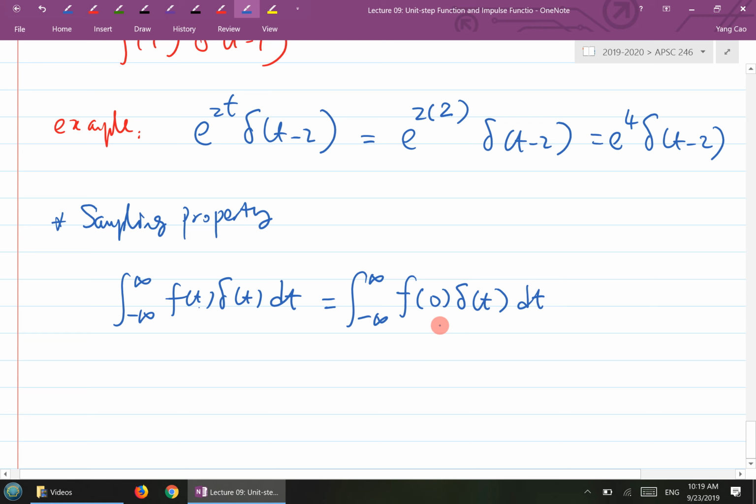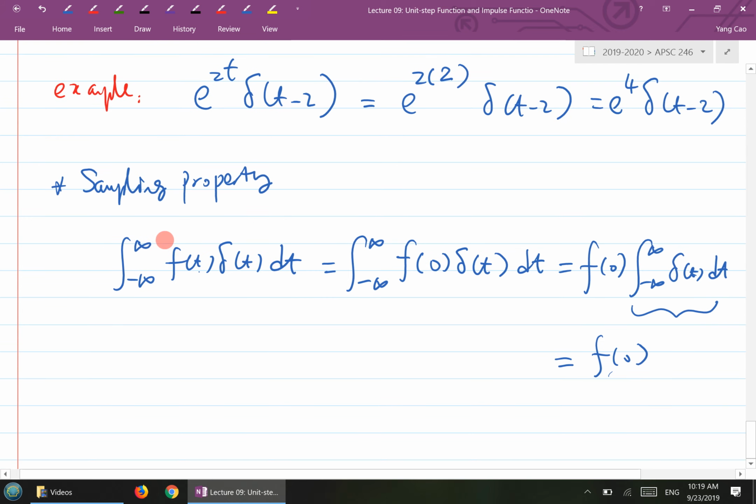This integral is with respect to the dummy variable t, and this f of 0 is now a constant, so you can take f of 0 out of the integral. You're left with the integration of this impulse function from negative infinity to positive infinity, which according to the definition equals 1. So you end up with just f of 0, right? The area under f of t times delta t is f of 0.